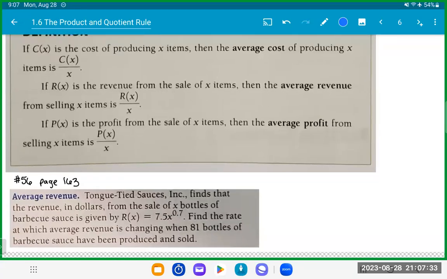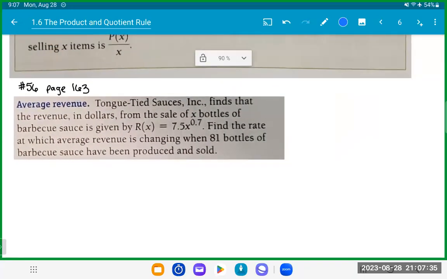Okay. So we have a word problem down here that says Tongue-Tied Sauces, Inc. finds that the revenue in dollars from the sale of x bottles of barbecue sauce is given by 7.5x to the 0.7.